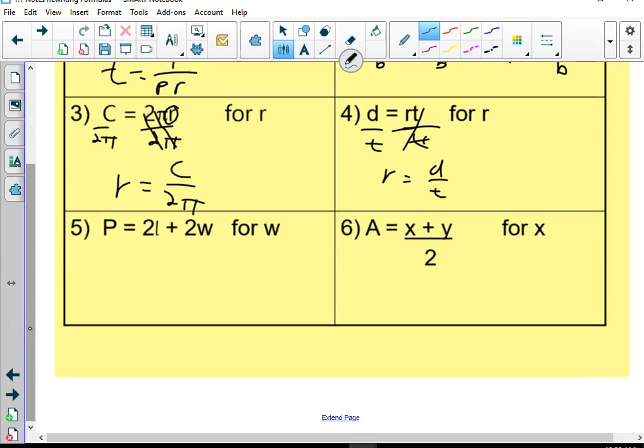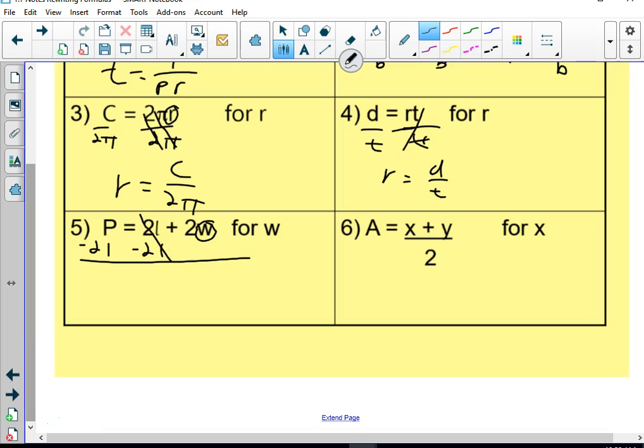Okay, this one's a little trickier. Here's a W. What do we have to get rid of first? Not the W, we're trying to solve for the W. Very good. Always undo subtraction first, right? So we want to subtract 2L. Cancel.